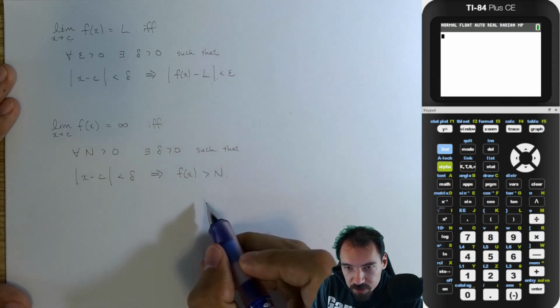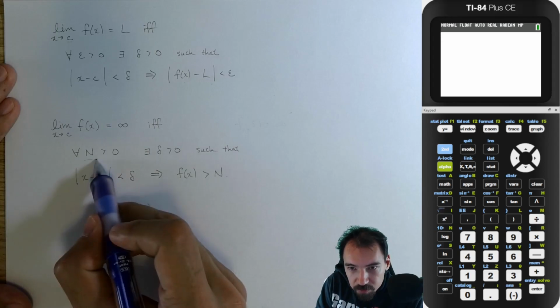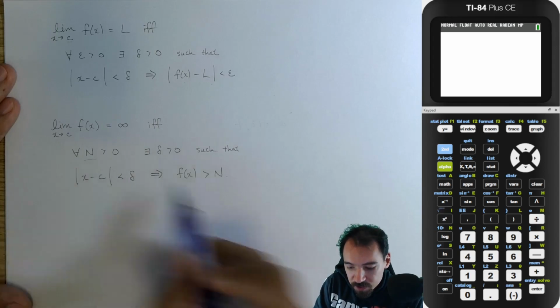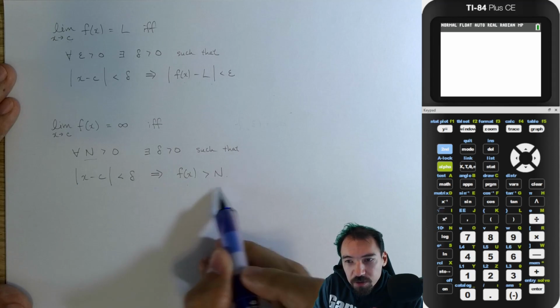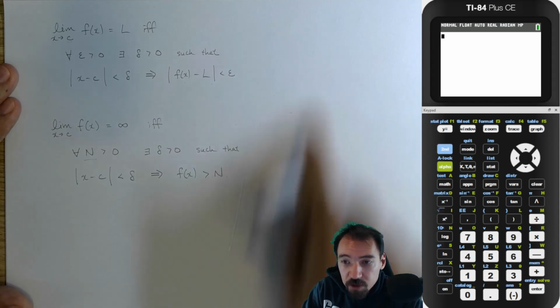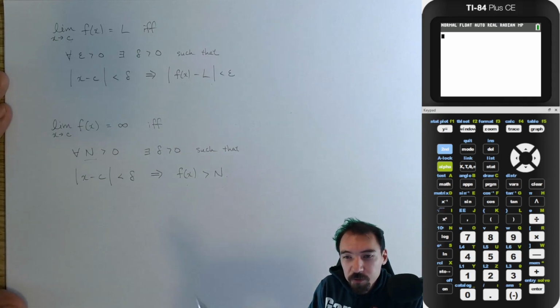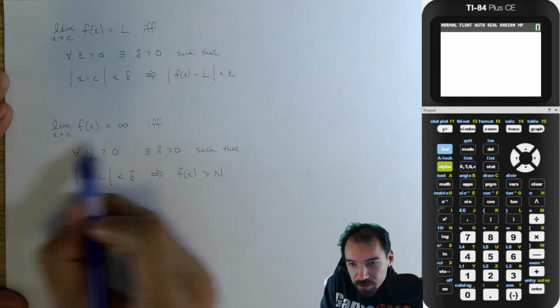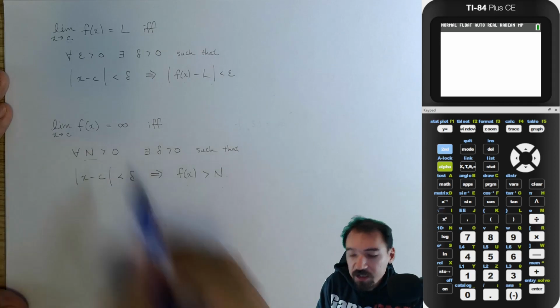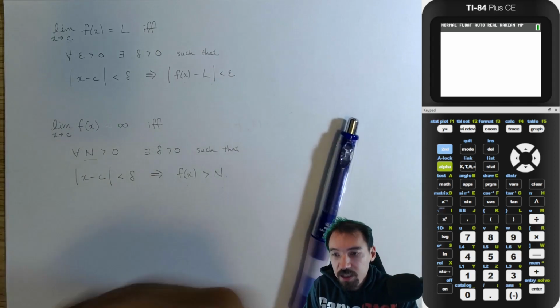Over here, I'm just saying, no matter what number I pick, I'm able to say the y values are bigger than that number, as in the y values are going up indefinitely. That behavior, like we saw in a vertical asymptote, is what we mean when we write that this limit is equal to infinity. And a similar thing exists where the limit is equal to negative infinity.